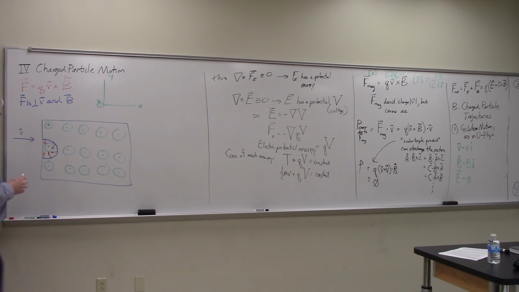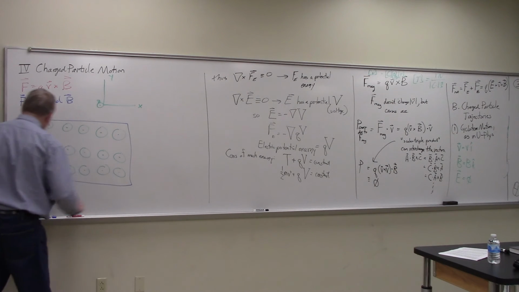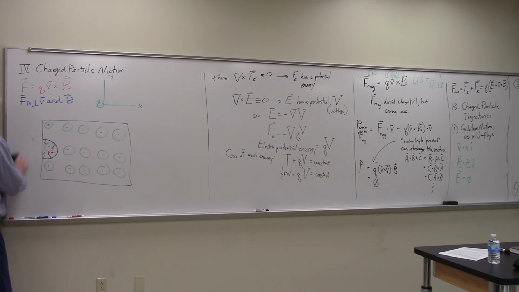Now, if somehow we were clever enough that when the particle reached there, we were able to add in another region of magnetic field of the same strength out here, then what we find is that particle would just continue to do this, and it would move in a circle.